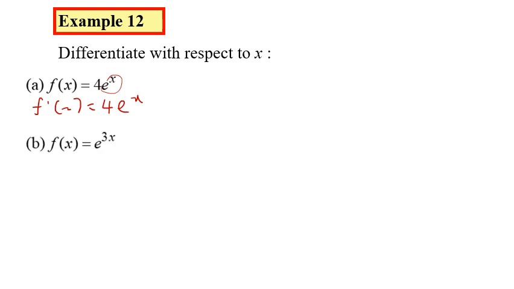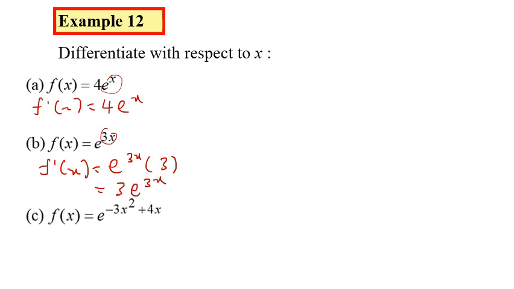For question B, the function given is e to the 3x. So f prime: copy e to the 3x and then multiply by the derivative of 3x. The answer is 3e to the 3x.